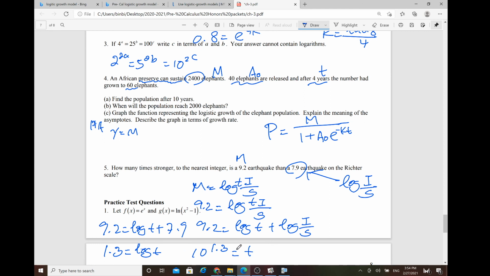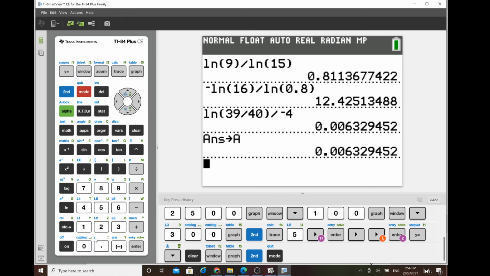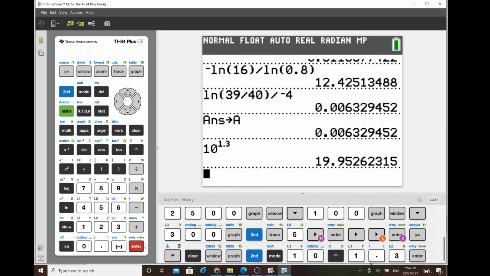Let's see what that is on the TI. So 10 to the power of 1.3 is about 20 times, if we round it to a whole number. 20 times bigger.